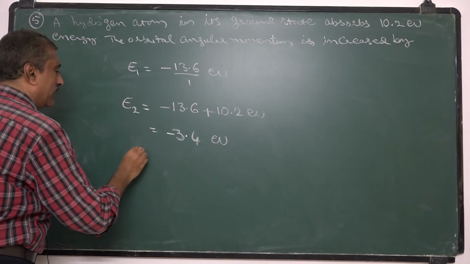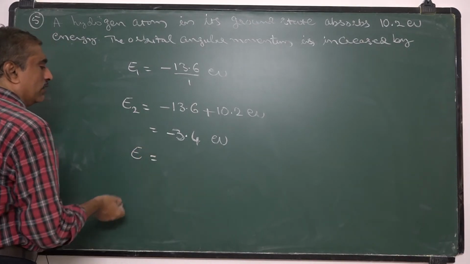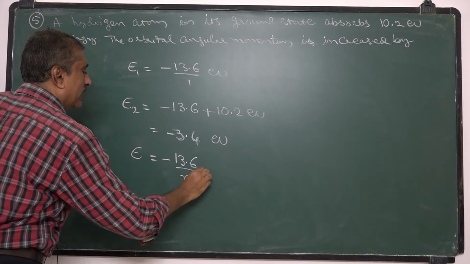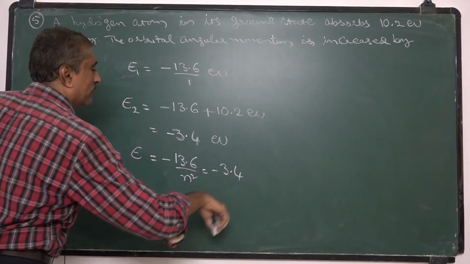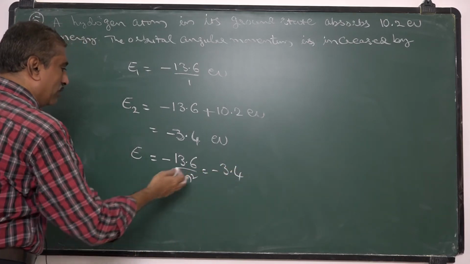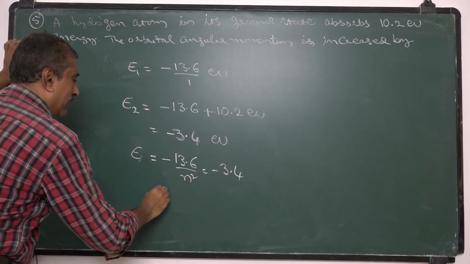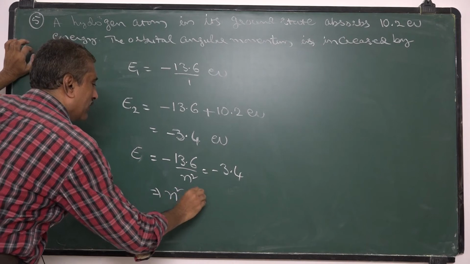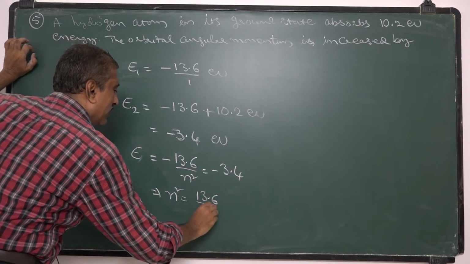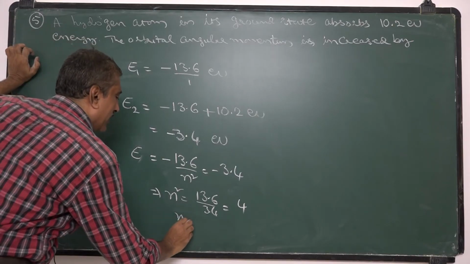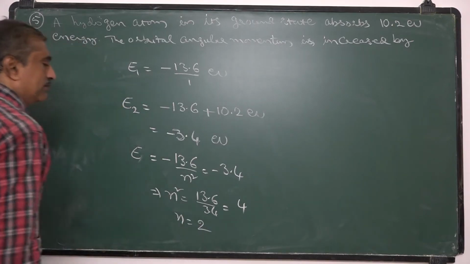So now we can write E is equal to minus 13.6 by n square is equal to minus 3.4. Now from this we can calculate n square is equal to 13.6 by 3.4, that is 4, implies n is equal to 2.